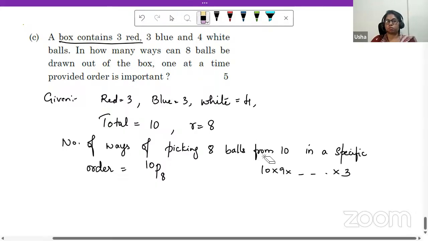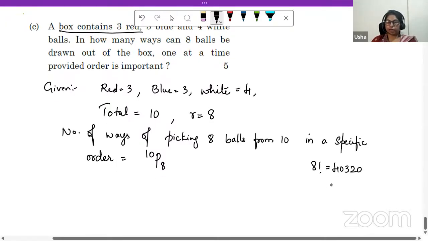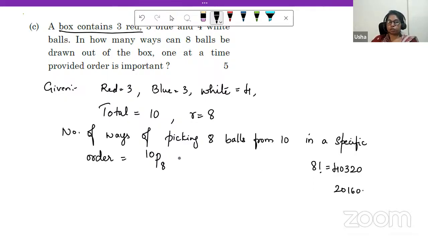You can decide whether to write it. It's a very, very big number, because 8 factorial is 40320. So half of that is 20160. So the answer for this will be 20160 into 90, a very big number. If you want, you can multiply and write. Otherwise, you can keep it as it is, 10P8 itself.